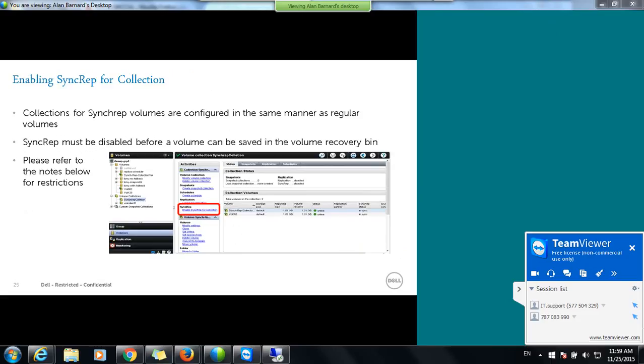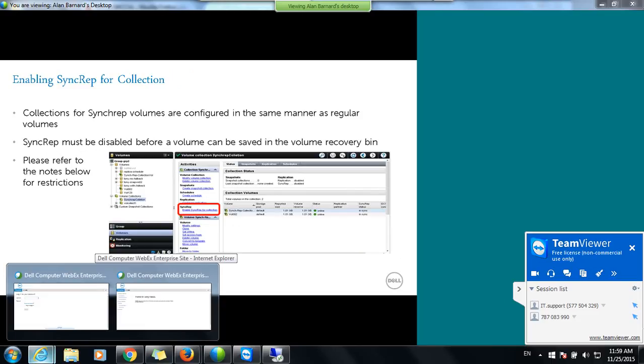Enabling sync rep for a collection: collections for sync rep volumes are configured in the same manner as a regular volume. Sync rep must be disabled before a volume can be saved in the volume recovery bin. You can have a look at the notes.